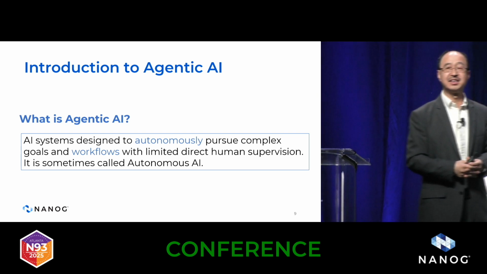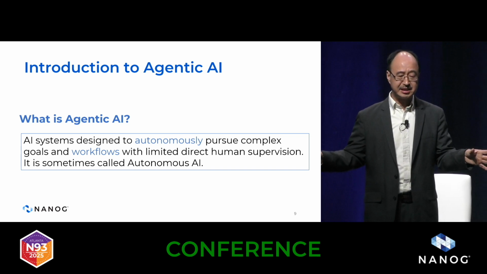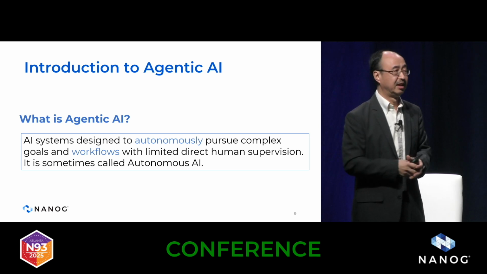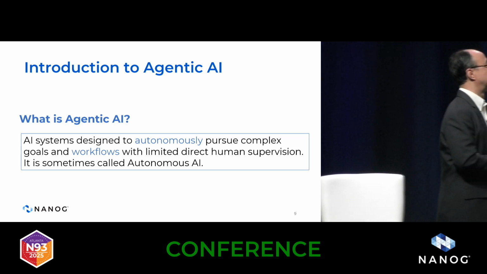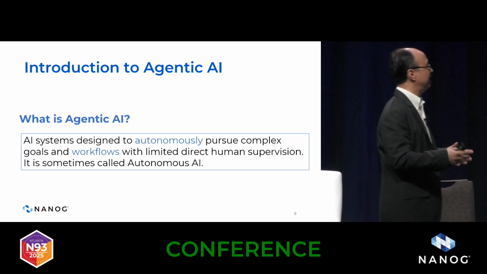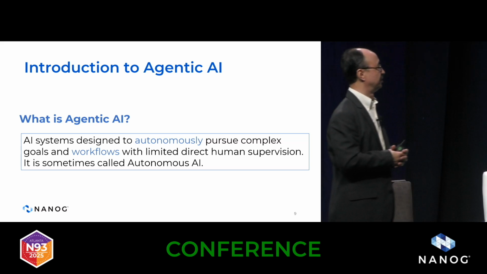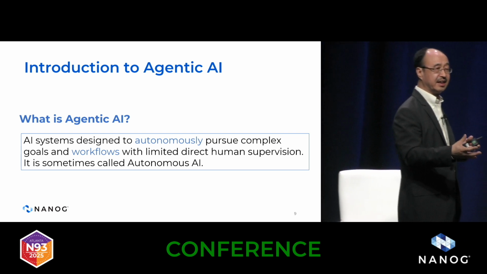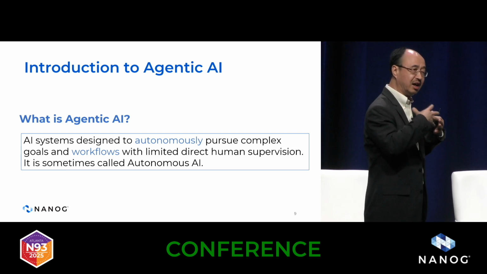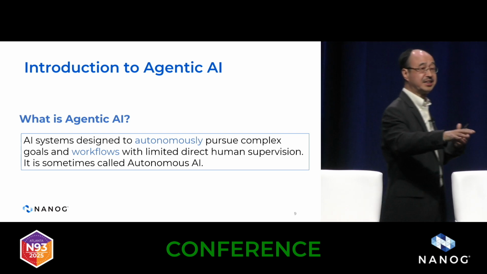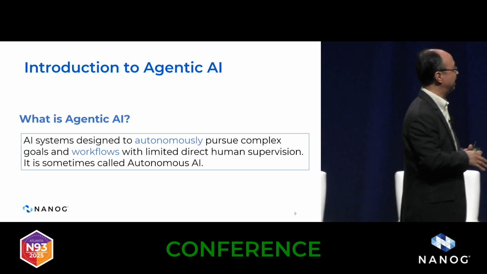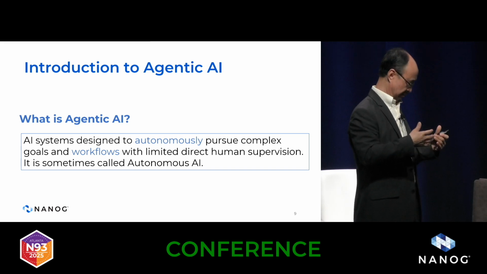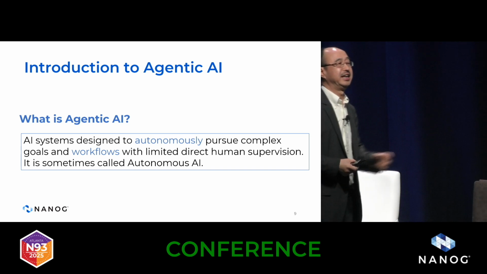Agentic AI is some type of AI system that is designed to autonomously pursue complex goals, another keyword I highlighted, and has some type of workflows that can run or execute autonomously, with limited or no human intervention.